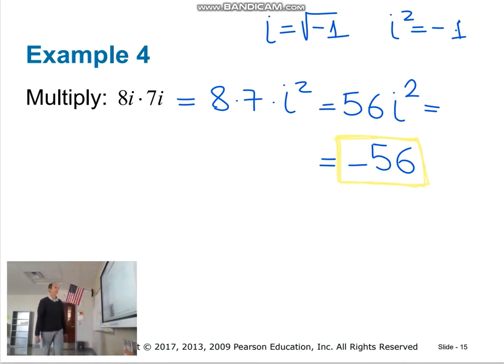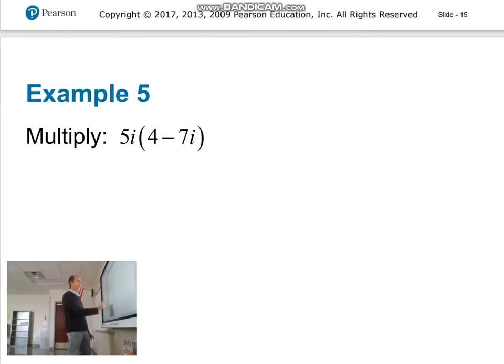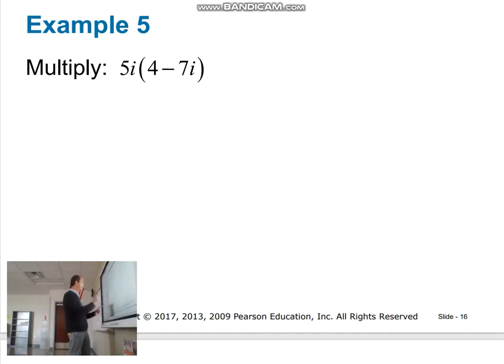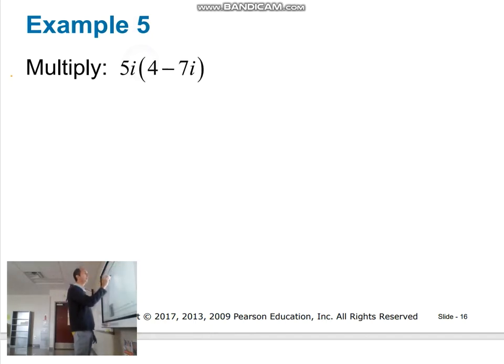Okay? Moving on, and now on the next example, multiply 5i times 4 minus 7i. And we have just an imaginary number multiplied by a complex number. We will apply the distributive property, okay? Distributive property.